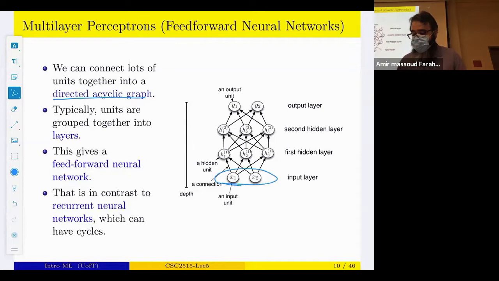We have an input layer, which goes to the first hidden layer. Some processing is done there, some multiplication by weights, and then it goes through some activation function. The output of the first hidden layer goes to the second one, and so on, until it gets to the output layer.